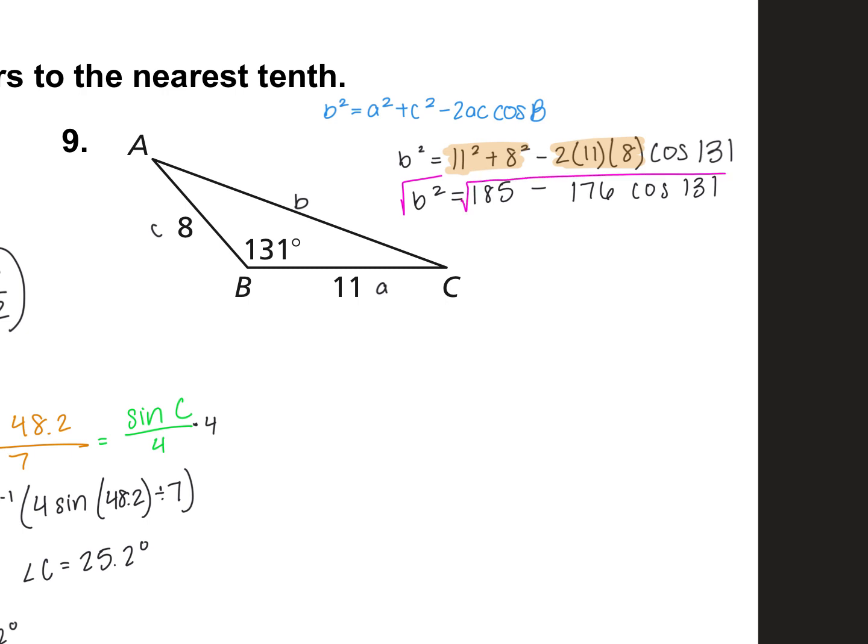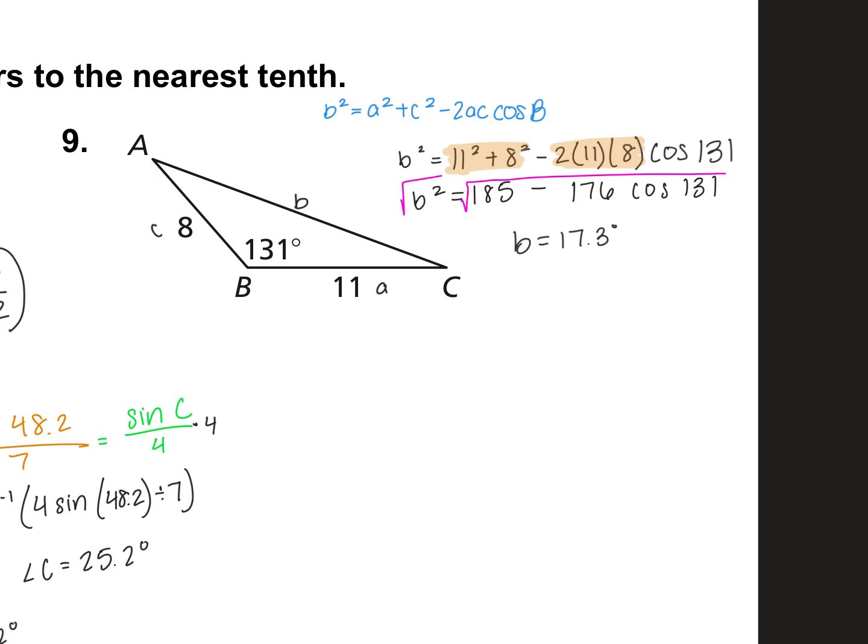So on your calculator, you're going to push second squared, 185 minus 176 cosine 131, and if you click enter, B should equal 17.3, and that's rounded to the nearest tenth.